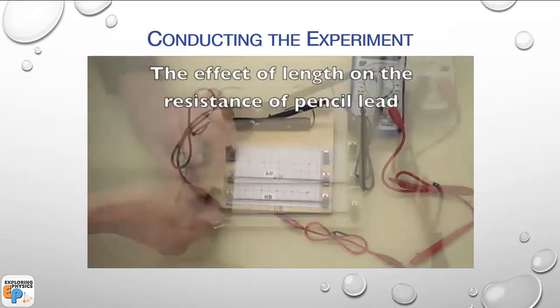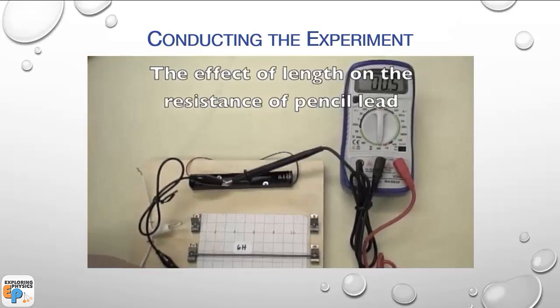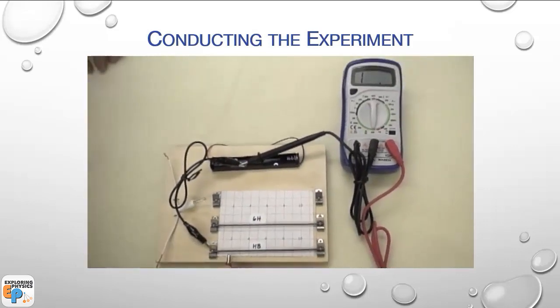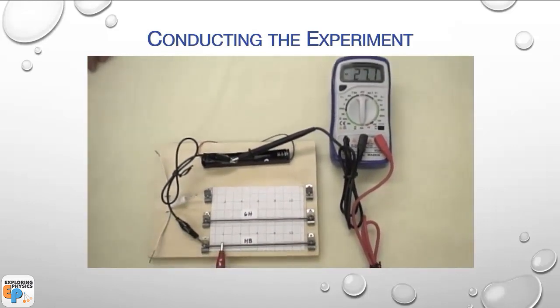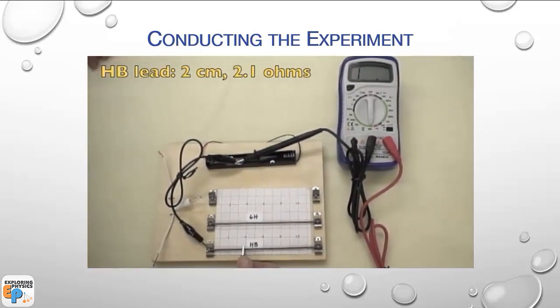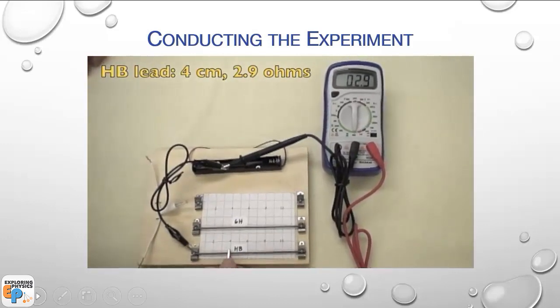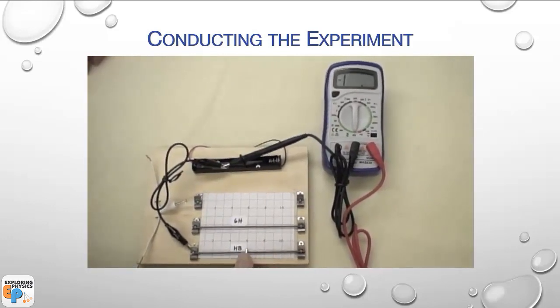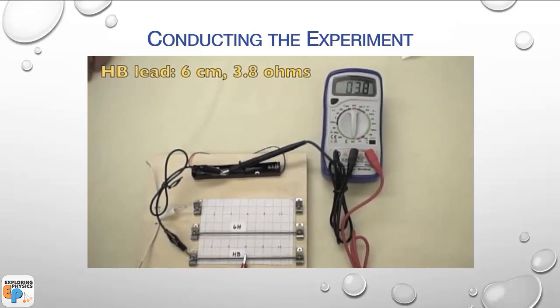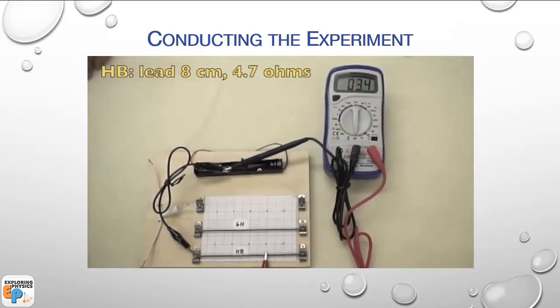Here is a movie of how the experiment was conducted. A multimeter was used to measure the resistance of the lead. The probes of the multimeter were connected to the pencil lead, and the length of lead between the connectors was increased for each measurement. The data obtained was listed in a data table and plotted on a graph. Only one of our trials is shown in this movie.